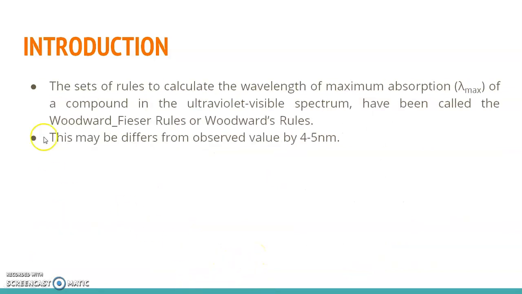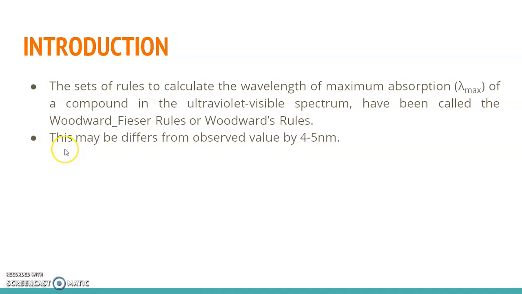So this set of rules is used to calculate the wavelength of maximum absorption of a compound in the ultraviolet visible spectrum, and has been called Woodward-Fieser rules or Woodward's rules.